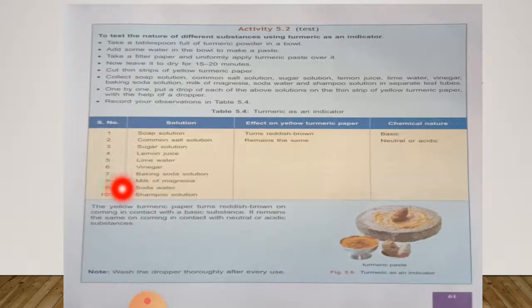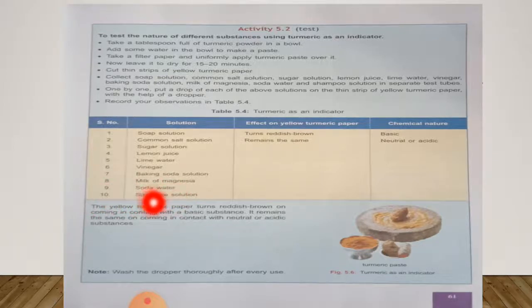Now the seventh, baking soda solution. Baking soda solution is basic in nature and it turns yellow turmeric paper into reddish brown. Now milk of magnesia, which is also basic in nature, and it turns yellow turmeric paper into reddish brown. Now ninth, soda water is also basic in nature and that's why it turns yellow turmeric paper into reddish brown.